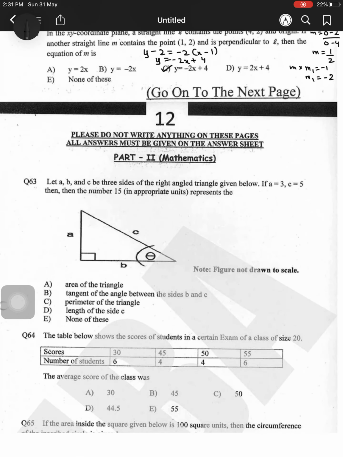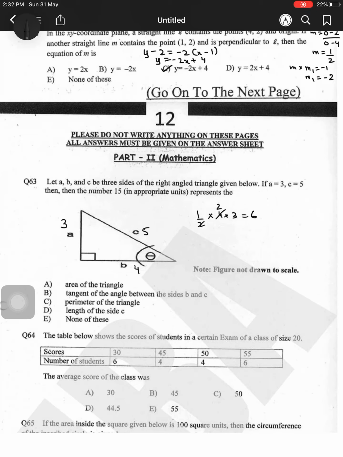In this next question, he says that A is 3 and C is 5. So we know that B is gonna be 4, and it can't be the area because 1 upon 2 multiplied by 4 multiplied by 3 is gonna give you 6.